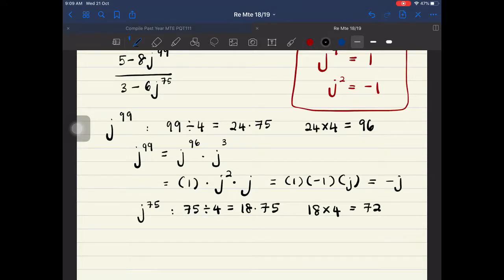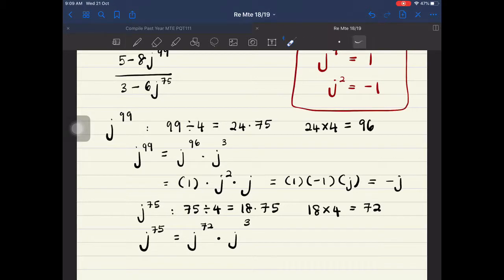Therefore you can simplify j to the power of 75 as j to the power of 72 multiplied by, 75 minus 72 gives you 3, so multiplied by j to the power of 3.